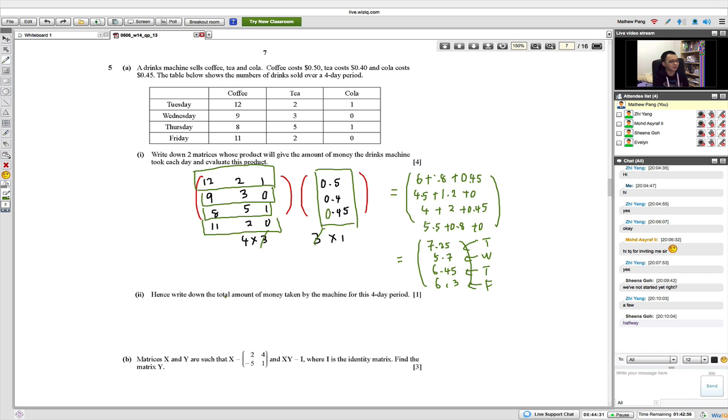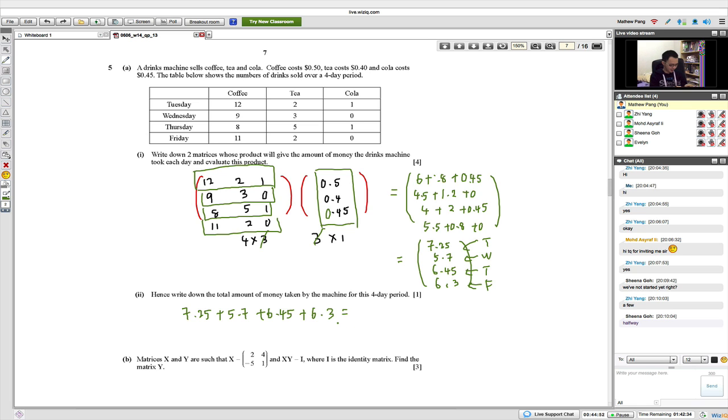Hence, write down the total amount of money taken by the machine for this 4-day period. I think you just sum that up. So this one plus 5.7 plus 6.45 plus 6.3. You will use a calculator to solve this one.